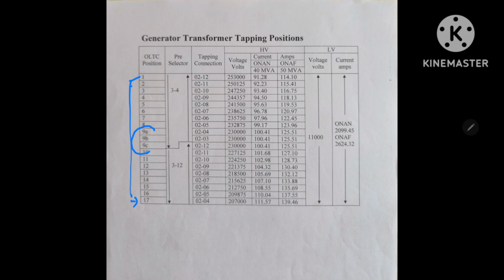Here this is the nominal tap 9A, 9B, 9C. And from here onwards 100% winding is utilized. Now when 10% is added, this will be 110%. When this 10% connection is in such a way that it opposes the 100% winding, then it will be 90%. This will be in tap number 17.